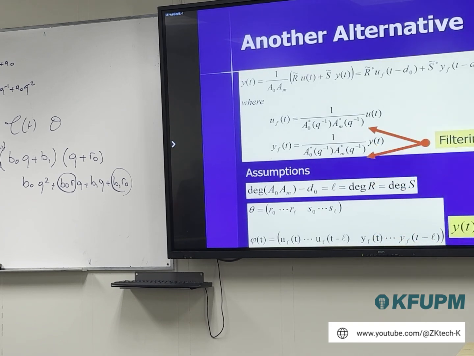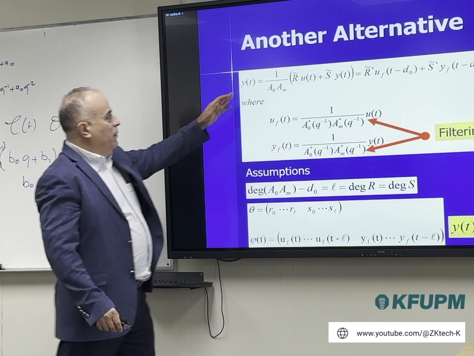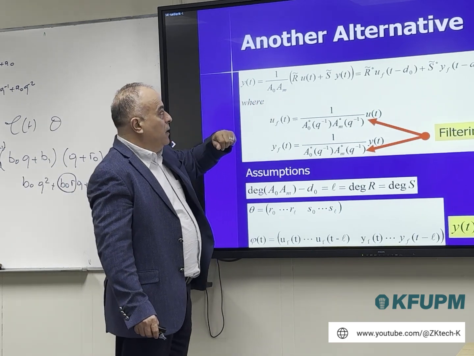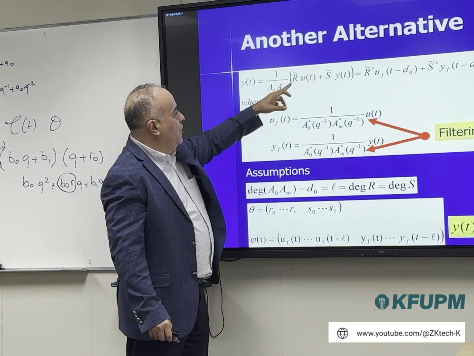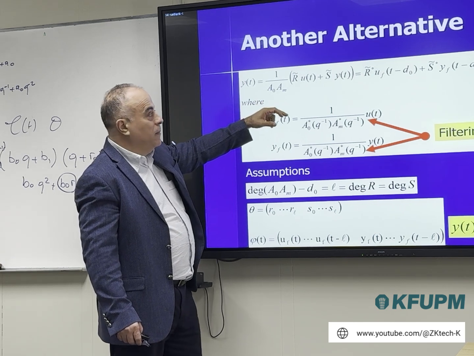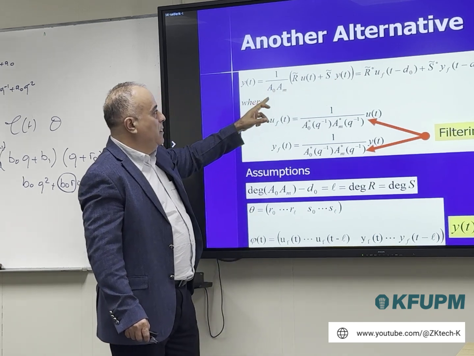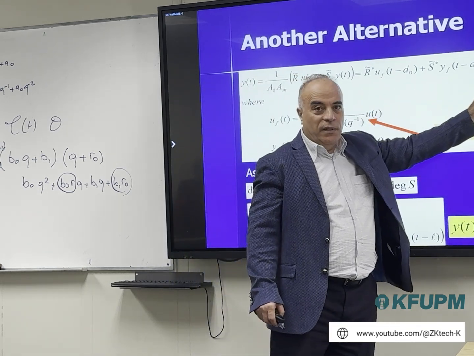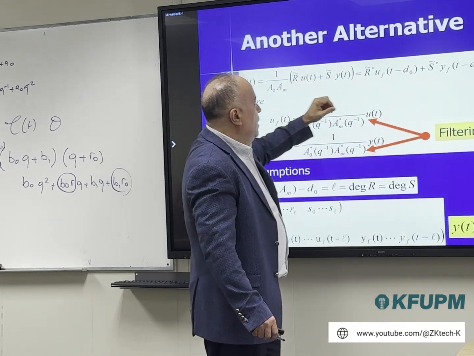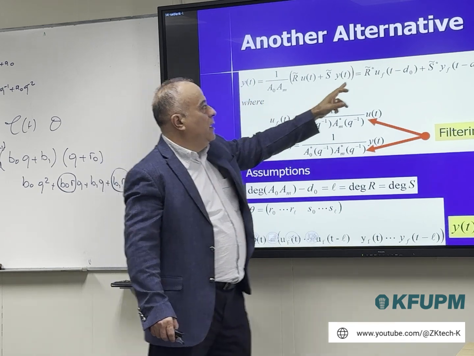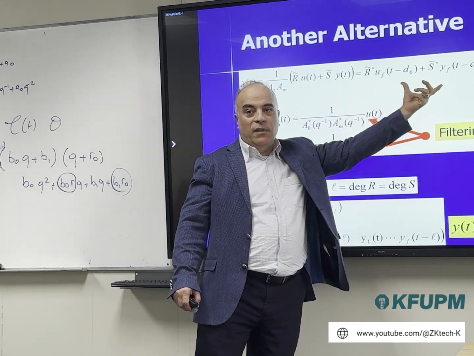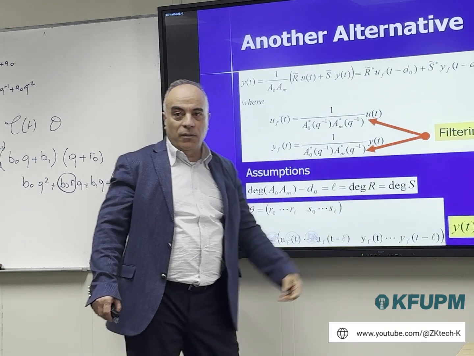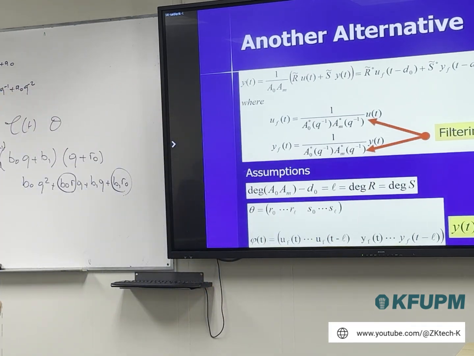So basically we divide by 1 over A0 times AM. We will have y of t divided by A0 AM. I will call these two signals the filtered u and the filtered y. And then I will have y of t as a function directly of the controllers times the filtered signal. This is a cleaner way to do it, right?